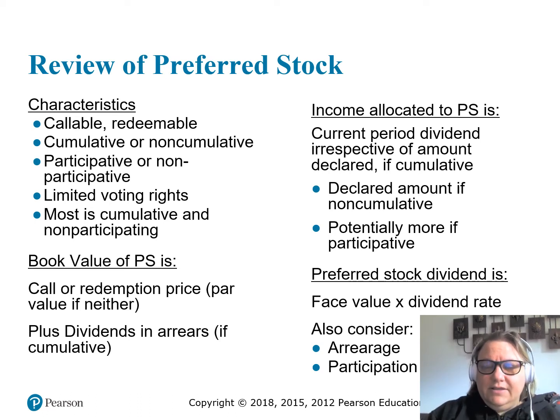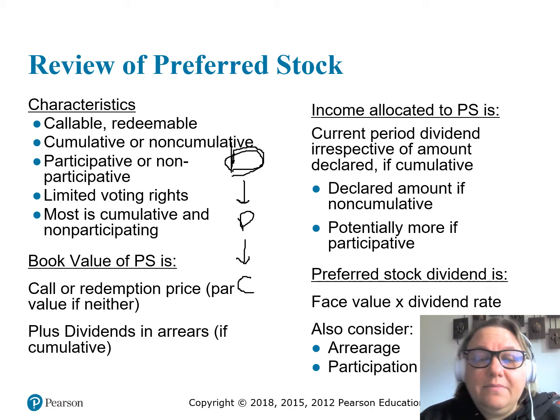Here, let me just draw this up. This is the best way to do it. Okay, so the dividends come out, and then you get preferred, and then you get common. There we go. And that's a D, in case you're wondering, that big old circle. I'm trying to make it look like a D. So the dividends are coming out.